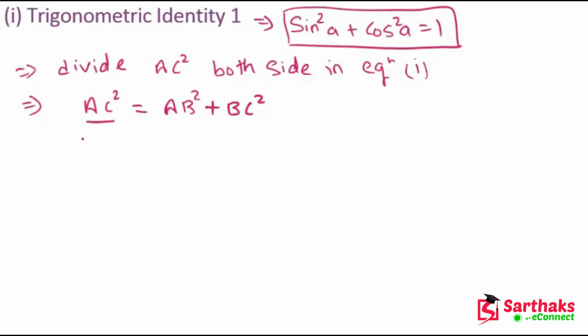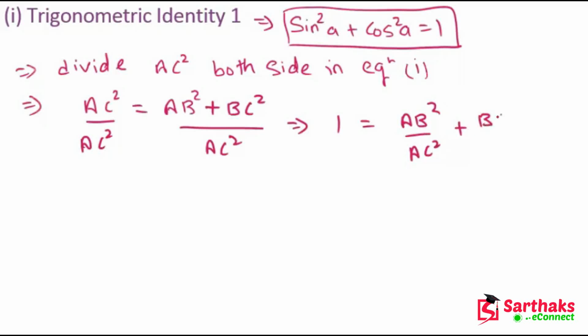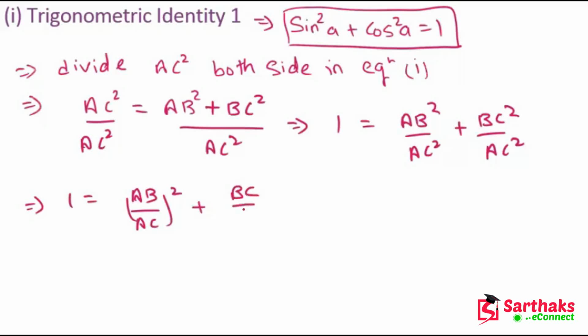Now if you divide by AC square both sides, AC square upon AC square is 1, and this will be AB square upon AC square plus BC square upon AC square. So this becomes 1 is equal to (AB upon AC) whole square plus (BC upon AC) whole square.